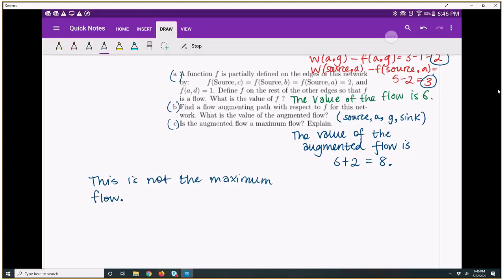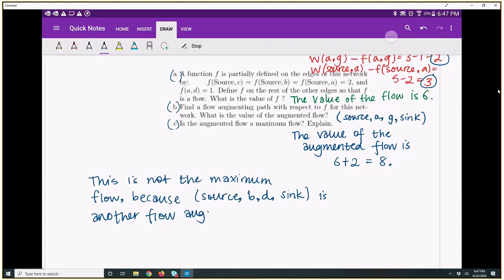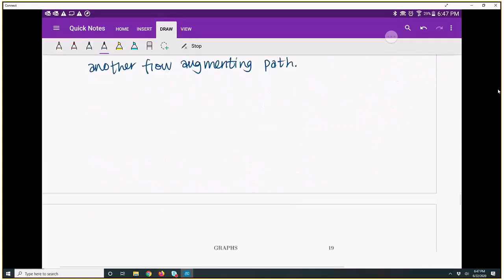And that's because source to B to D to sink is another flow augmenting path. If we wanted to find a maximum flow, we would need to examine all of the possible flow augmenting paths.